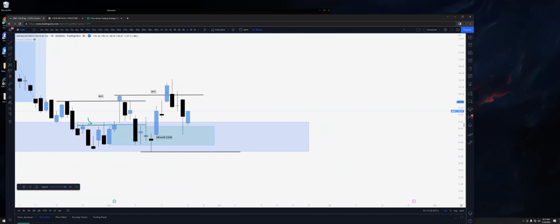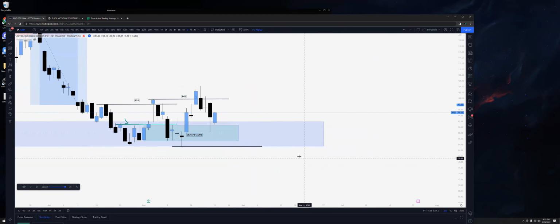There you go. It taps back into the demand zone. So you can see that's the area that caused this to break structure. Where is that imbalance? The imbalance is right here. So now that this right here broke structure, the banks are going to bring it right back down to mitigate this, so they can mitigate that.